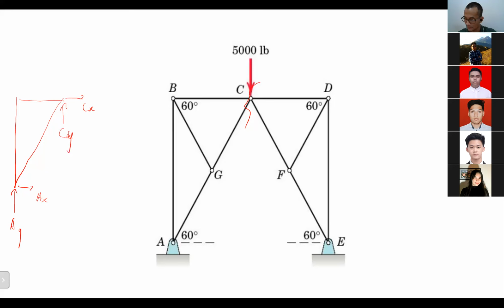Okay, this is the first free body diagram, and this is the second free body diagram.